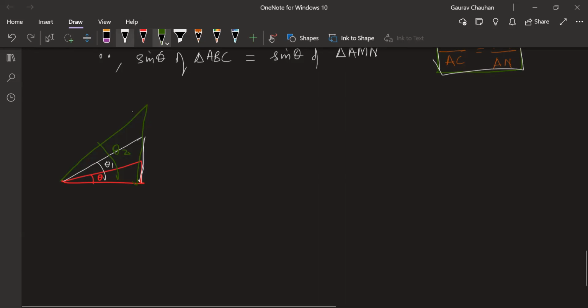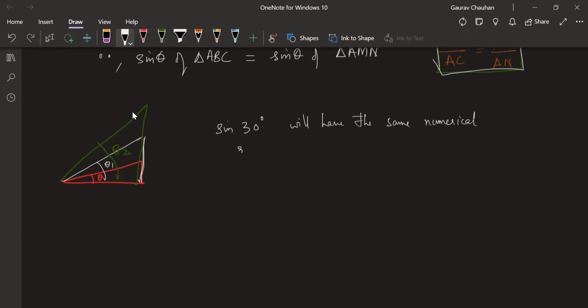So the point I'm trying to come to here is, let's take a particular angle, sine 30 degrees will have the same numerical value, the same ratio, in whichever right triangle you take.